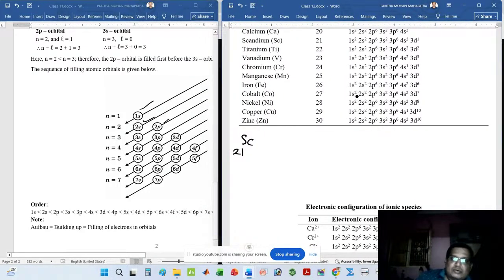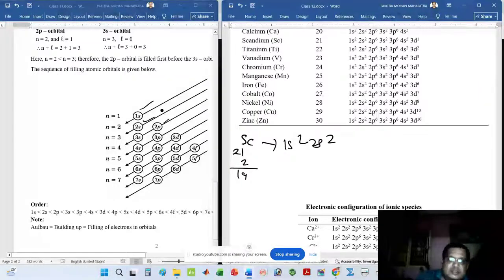So the first electrons go to which orbital? That is 1s. So here I have given electrons to 1s, 1s2. Remove 2 electrons. Next electrons go to 2s, 2s2 here. Again remove 2 electrons.